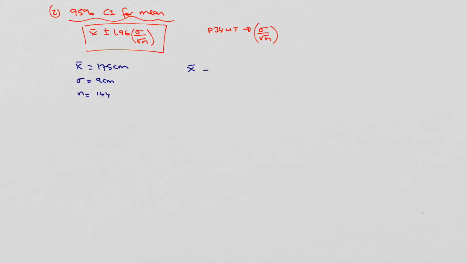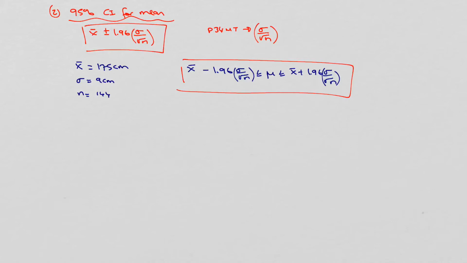So if I expand that formula and sub in my values, we have 175 minus 1.96 times 9 over the square root of 144, less than or equal to mu, less than or equal to 175 plus 1.96 times 9 over the square root of 144.